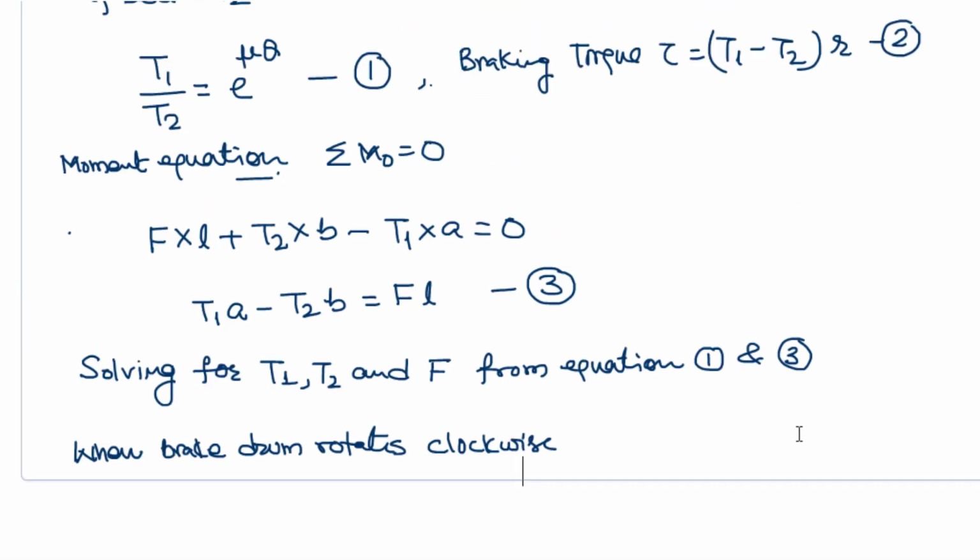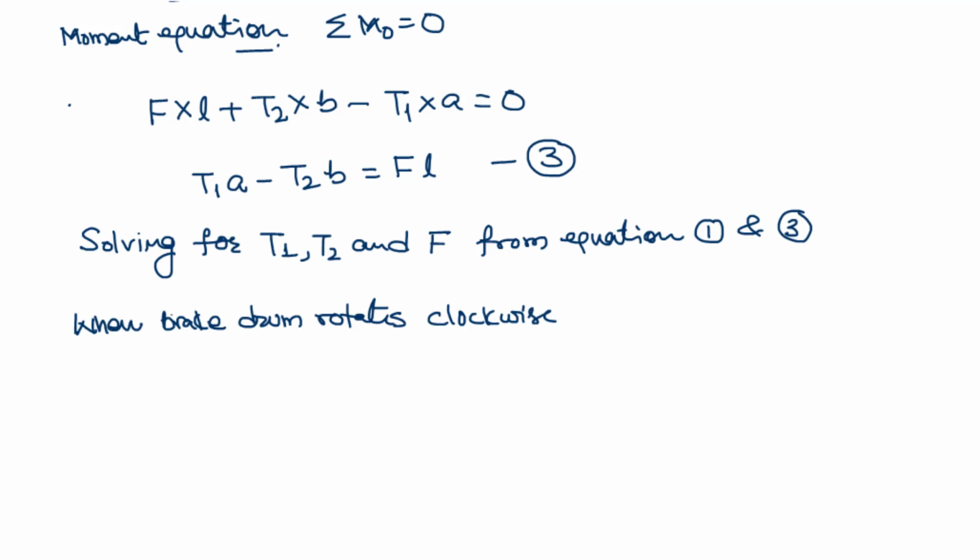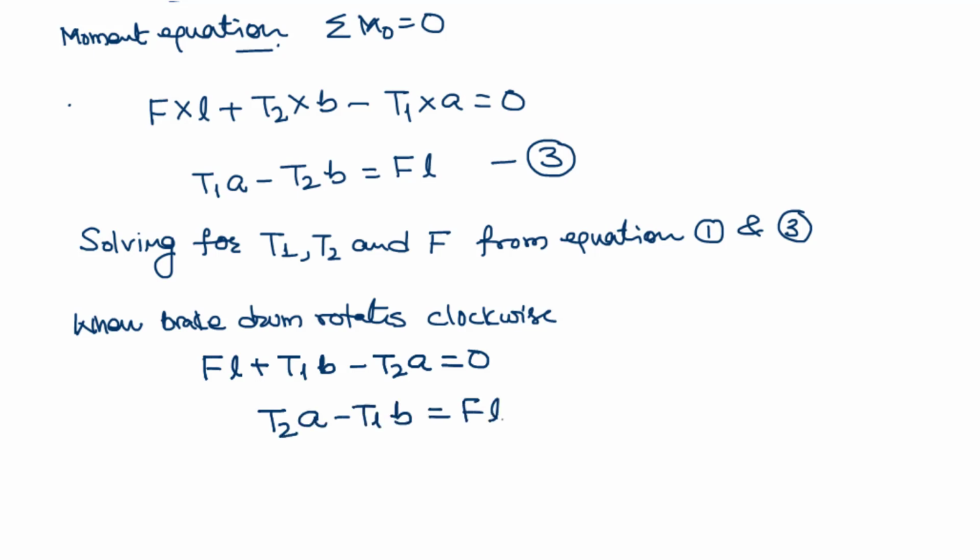Now the equation becomes F into L plus T1 into B minus T2 into A equal to 0, or T2A minus T1B equal to FL. When the brake drum rotates clockwise, equation 3 becomes like this.